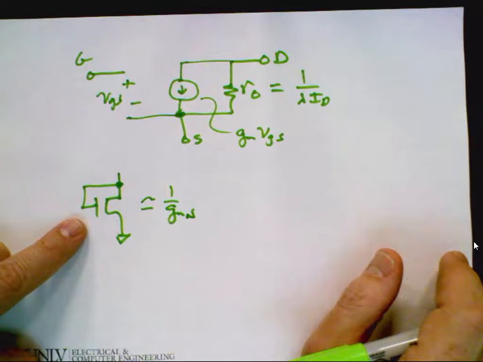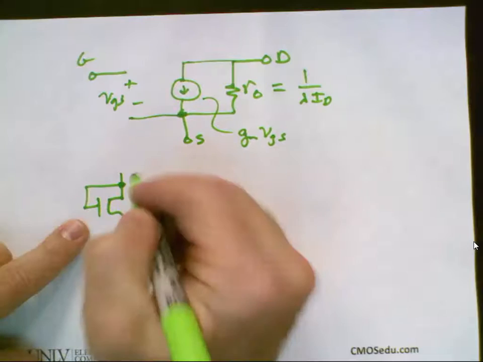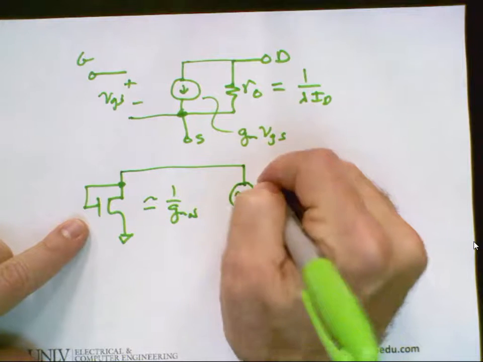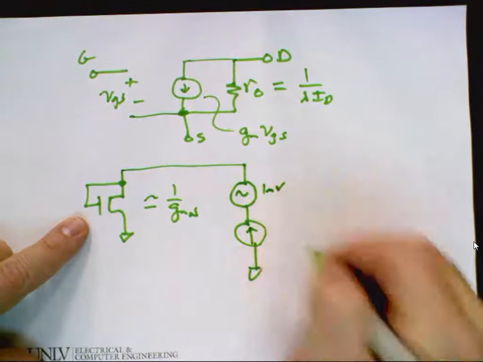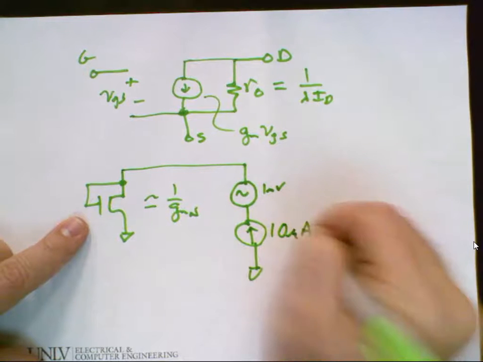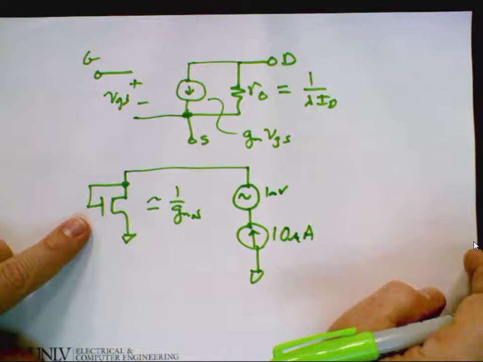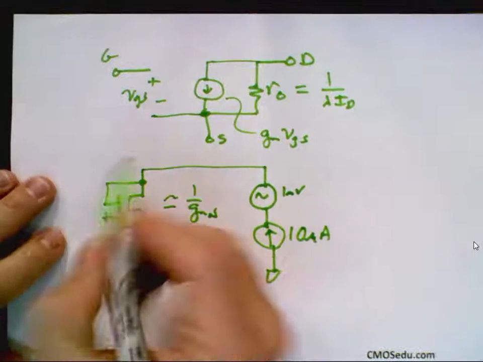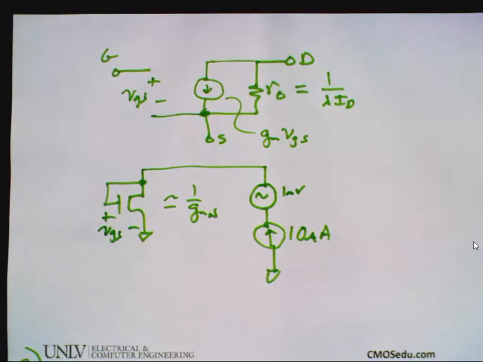And you say, okay, well I know to do small signal analysis I got to bias it up right. So I'm going to do the following. I'm going to put an AC signal here, let's say 1 millivolt, and then I'm going to put a DC current of 10 microamps. And I ask, okay, I want you to think about this. What is the AC voltage here, VGS, and why?